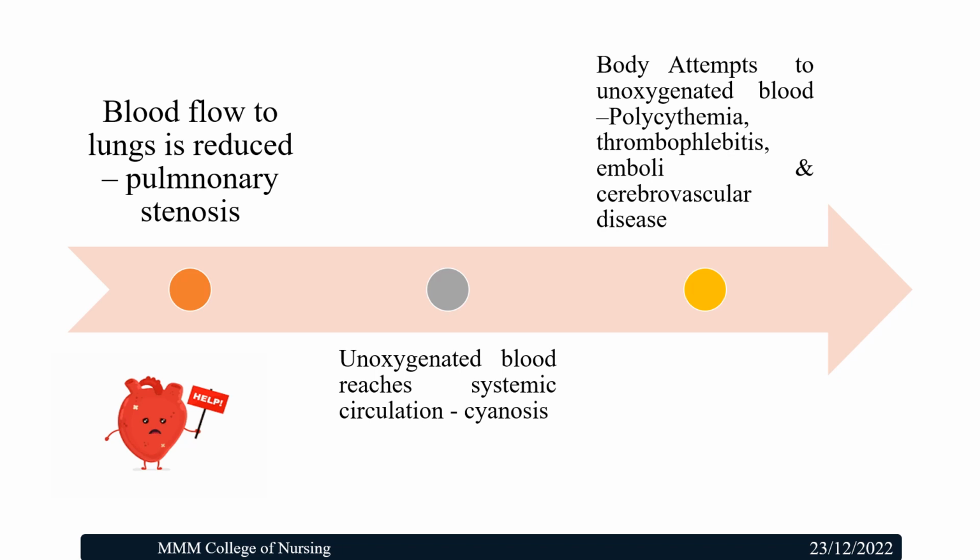So the body attempts to compensate for the unoxygenated blood, which reveals symptoms of polycythemia, thrombophlebitis, emboli, and cerebrovascular disease. These may be the effects of tetralogy of Fallot in a child. Because of the defects in combination, you can see these pathophysiological changes in the baby.